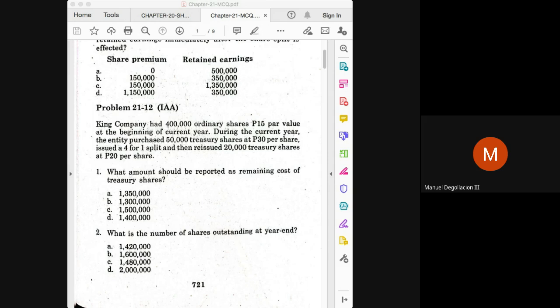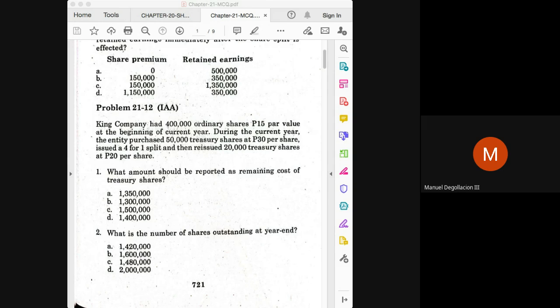Now there are a lot of ways in which students can get this wrong. One way is by starting at the 50,000 treasury shares and then deducting the 20,000 reissued shares. They would say 50,000 minus 20,000, you will have 30,000. And it is now the 30,000 which they will multiply by 4 for the 4-for-1 stock split.